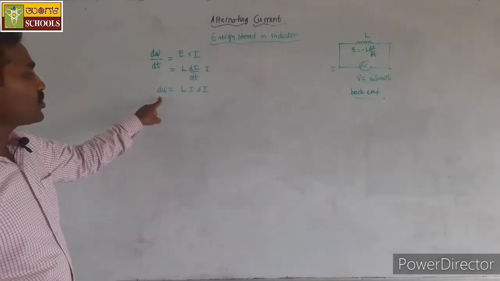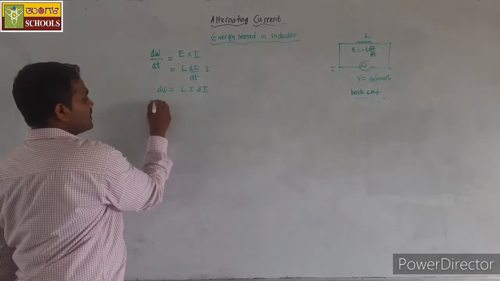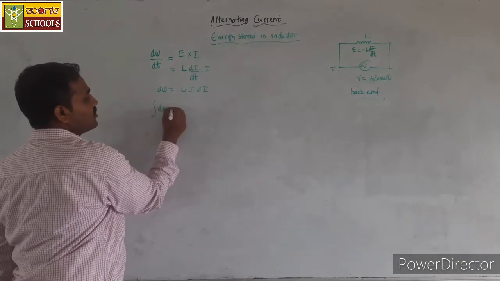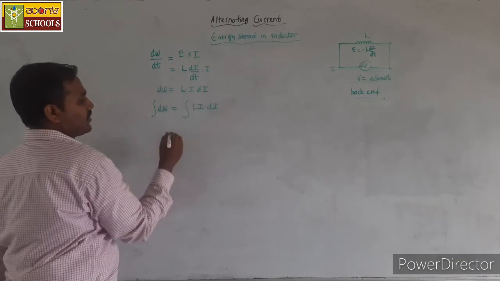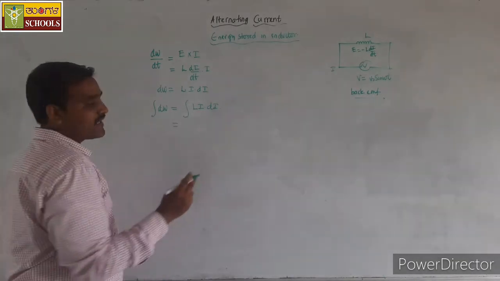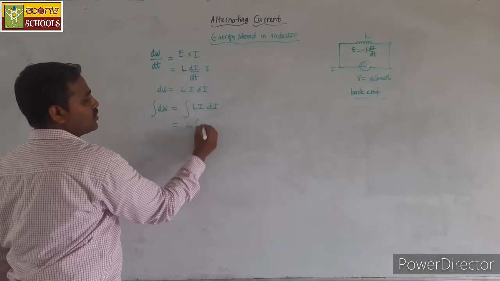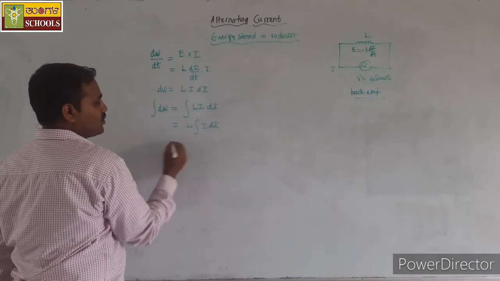The total work done is the integration of this dW, which is equal to the integration of L i into di. L is constant, so I can write it outside: L into the integration of i into di.